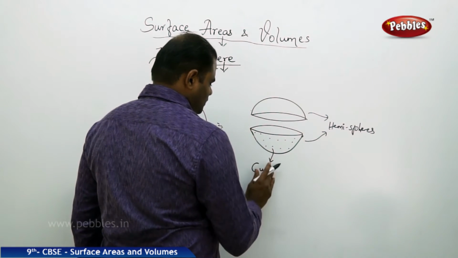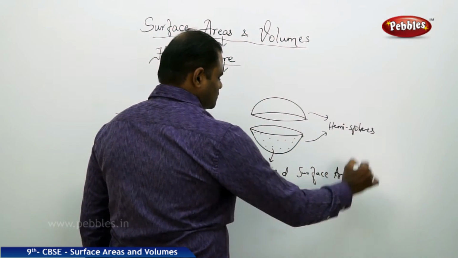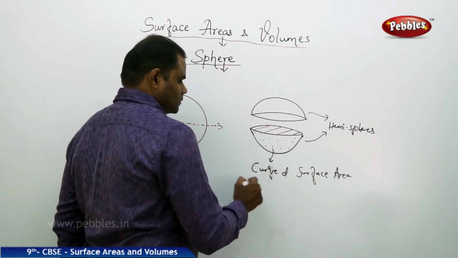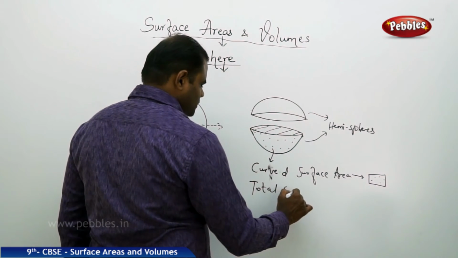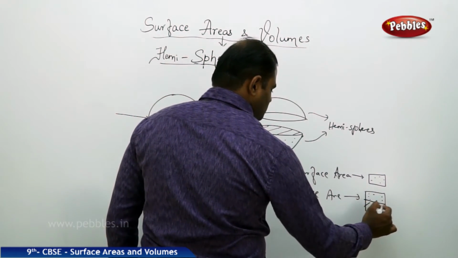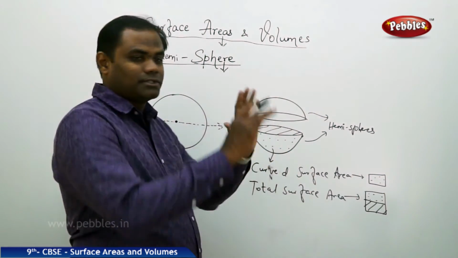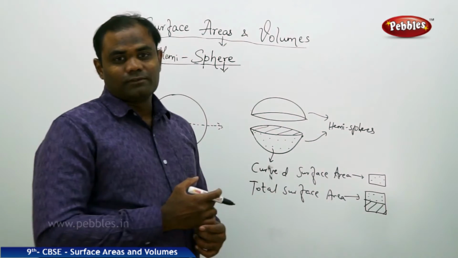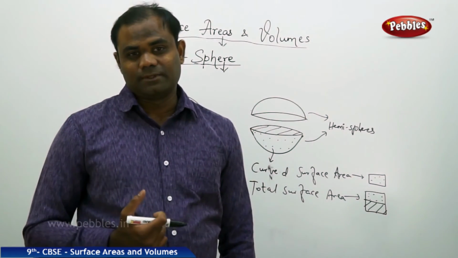So the curved surface area is only the curved part of the hemisphere, while the total surface area includes the bottom as well. We will discuss the formulae for the curved surface area and total surface area of a hemisphere in the following session.